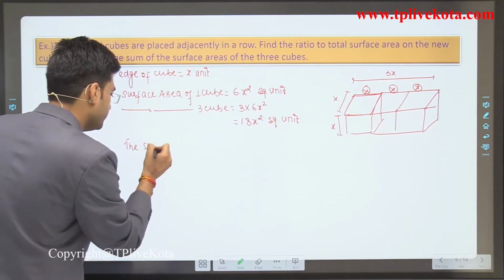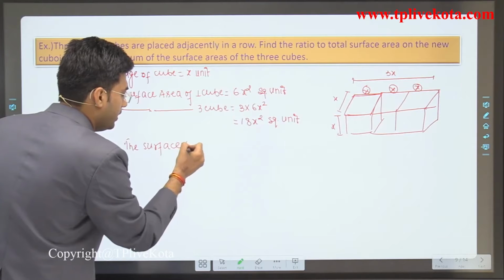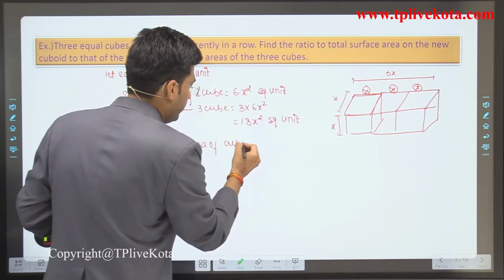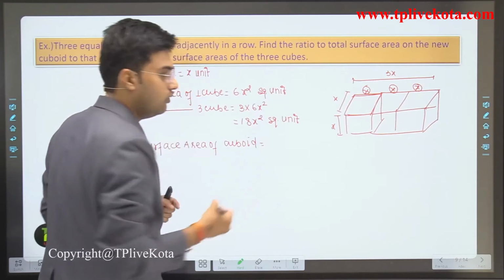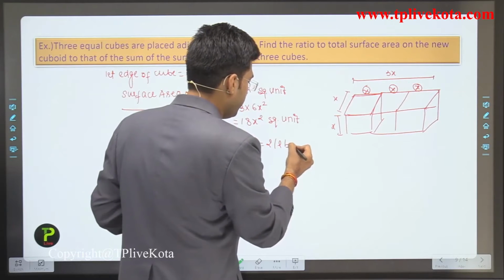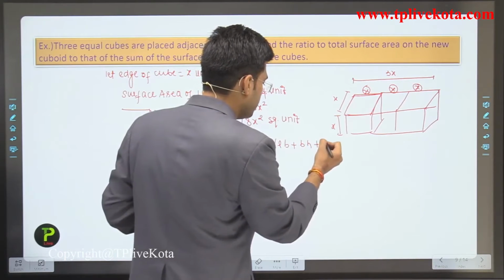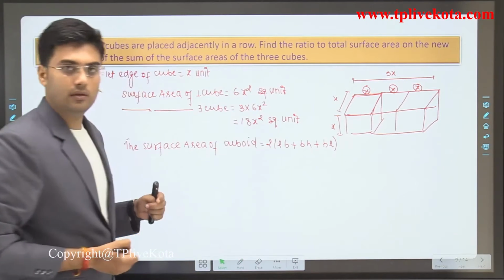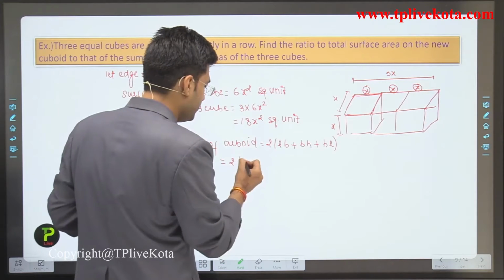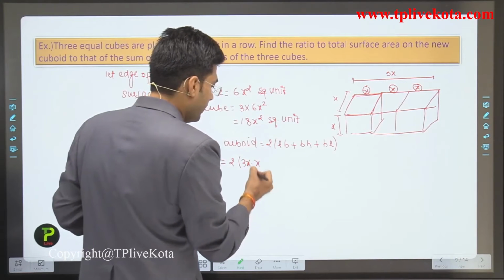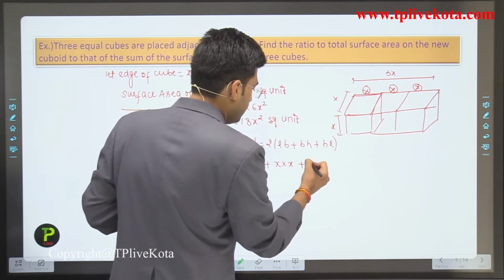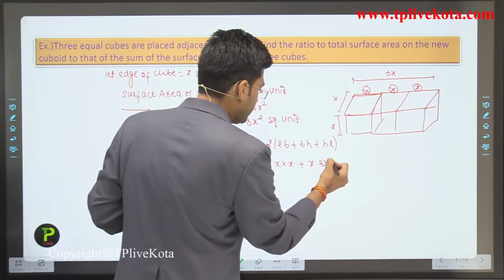surface area of cuboid is 2 times of L multiplied by B plus B multiplied by height plus height multiplied by L. Clear? So here it is equal to 2 times of length 3x multiplied by x plus x multiplied by x plus x multiplied by 3x.